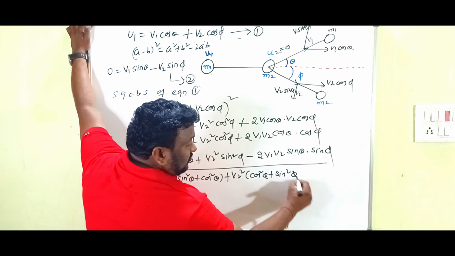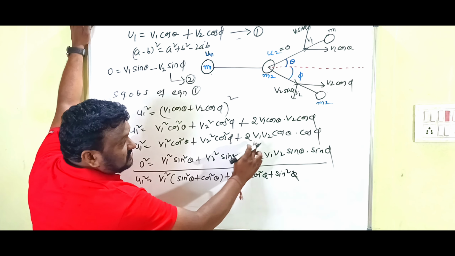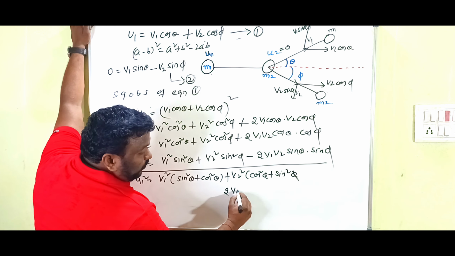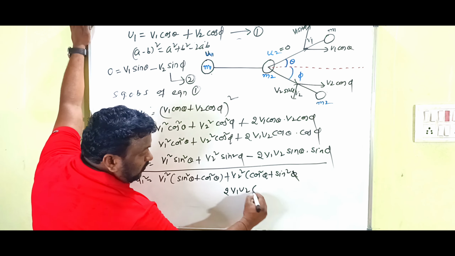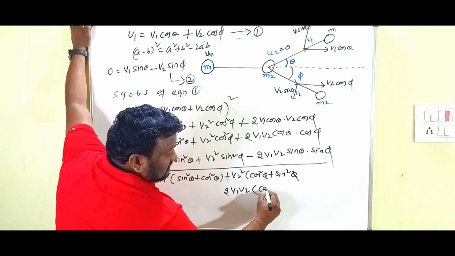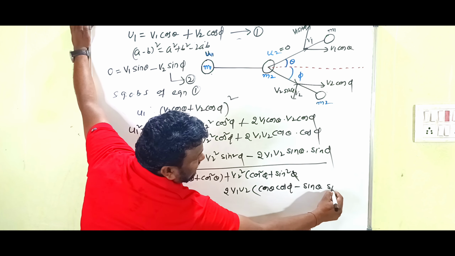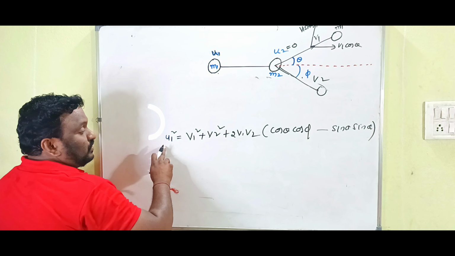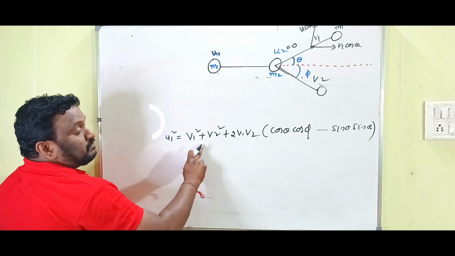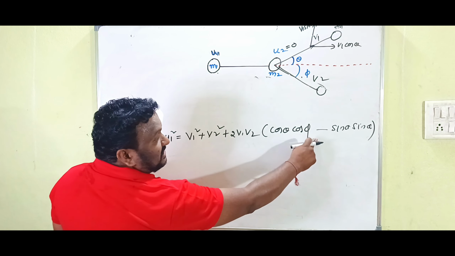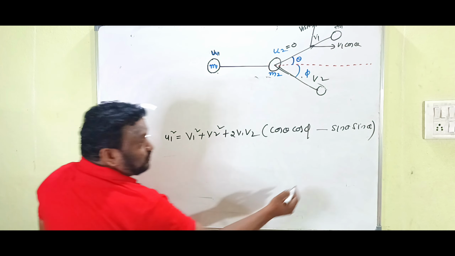And again here, these two: 2 v1 v2 is common. Then 2 v1 v2 of cos theta cos pi minus sin theta sin pi. So u1 square is equal to v1 square plus v2 square plus 2 v1 v2 of cos theta cos pi minus sin theta sin pi, children.